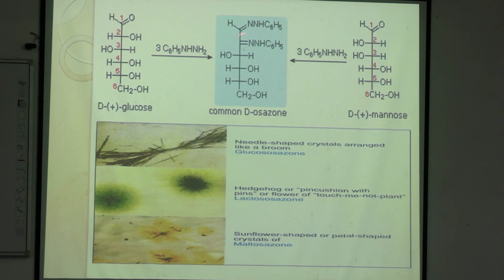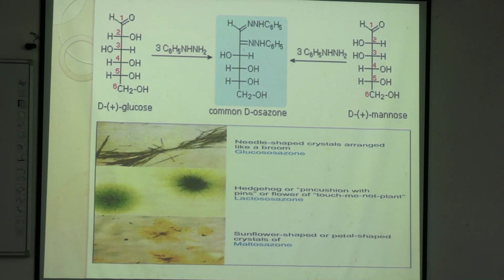Okay, the D-osazone where only carbon 1 and carbon 2 will be occupied. So they will produce similar Osazone crystals, like this, needle-shaped crystals: glucosazone, mannosazone and fructosazone. They all look similar.